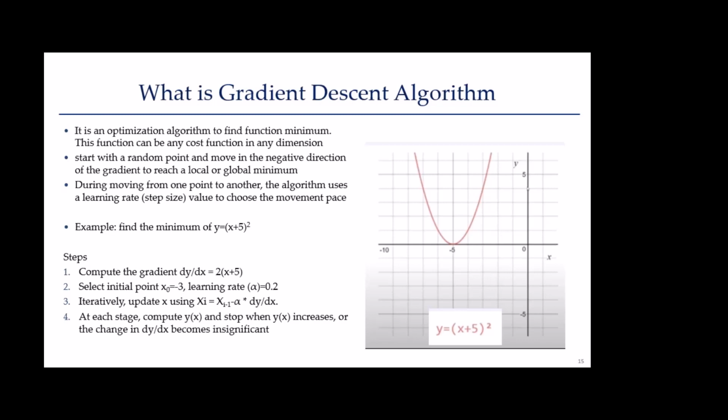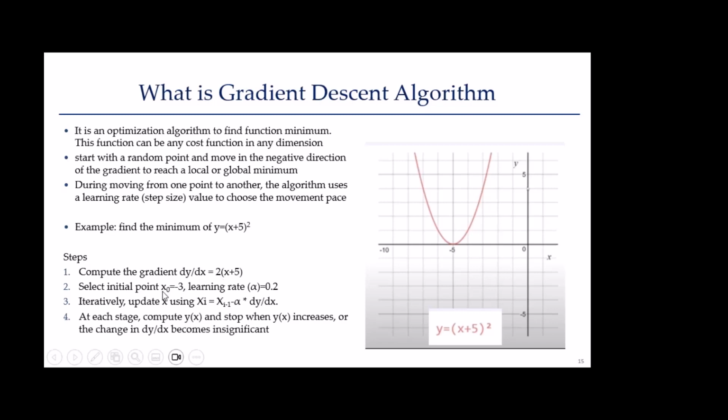This is a very simple function. In this function, we have y equals (x + 5)^2. Our gradient will be dy/dx, which is 2 multiplied by (x + 5).